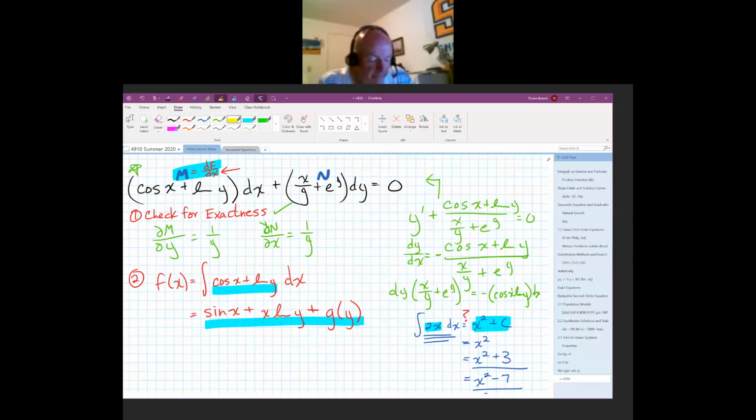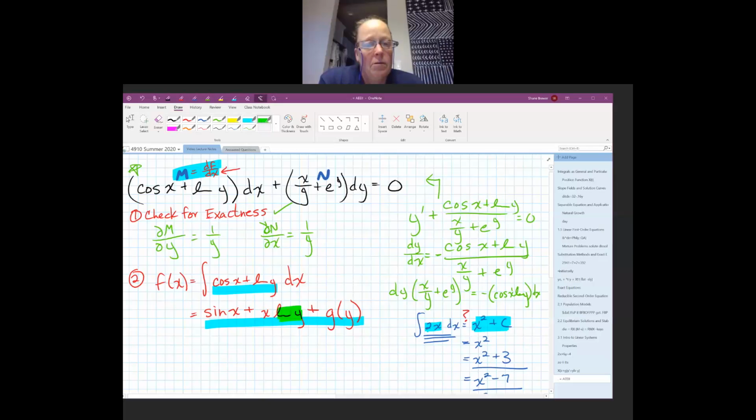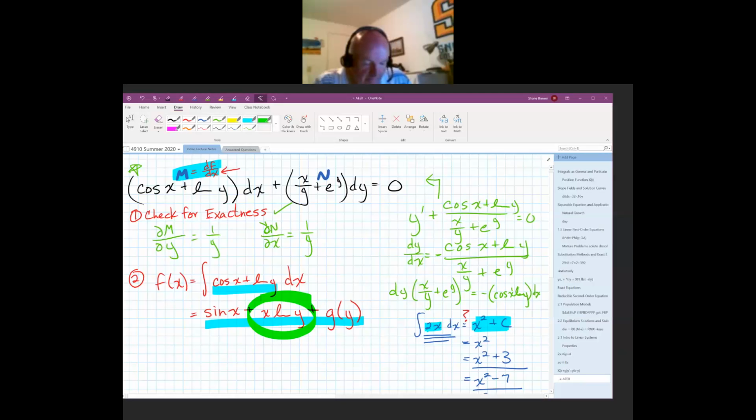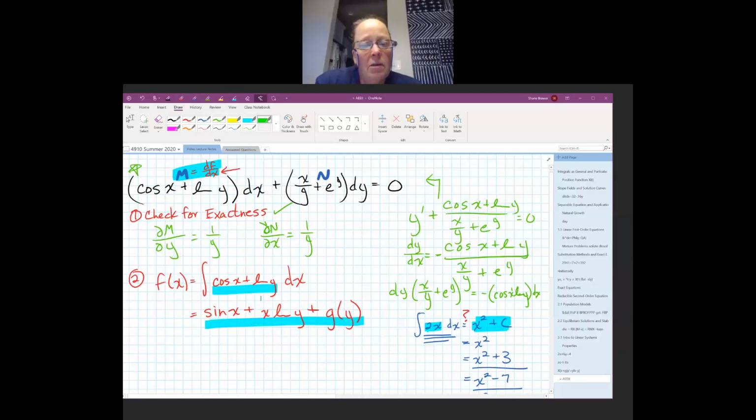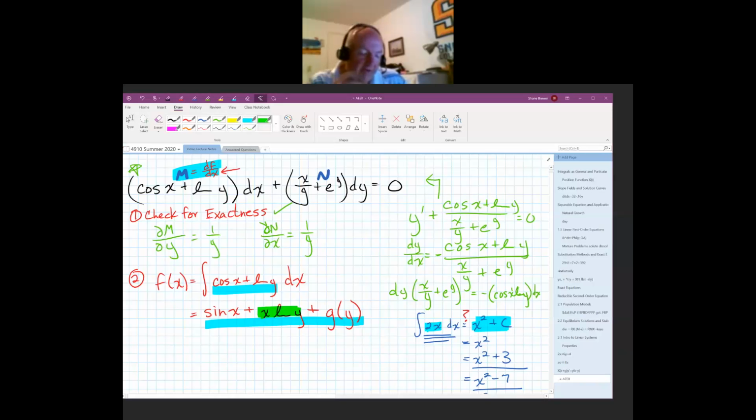Now that will work, but we can make it simpler, because if I'm differentiating with respect to x, this is a constant. So what is the derivative of x? It's just whatever constant. Like if it were 3x, the derivative would be 3. Okay, so what is the derivative of x ln of y when you're differentiating with respect to x?